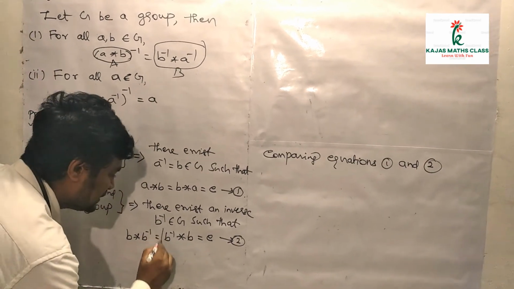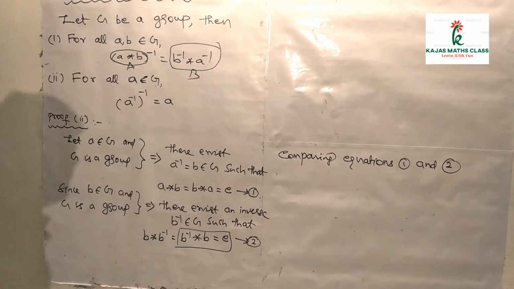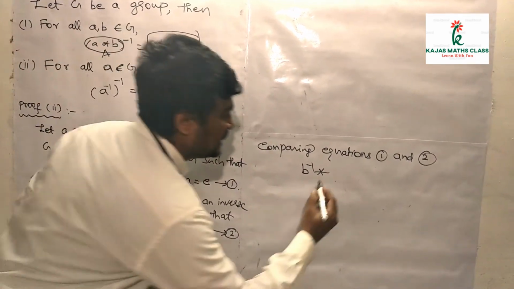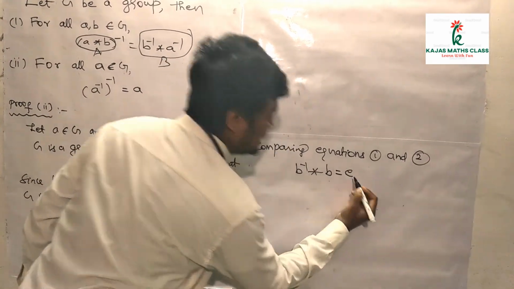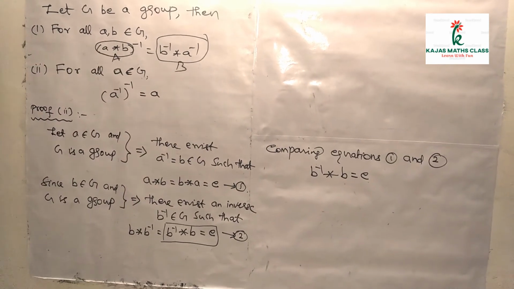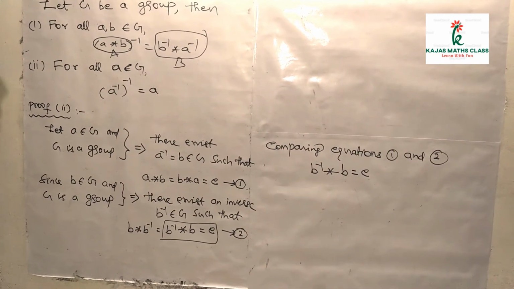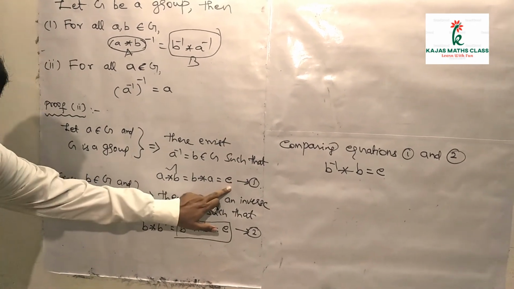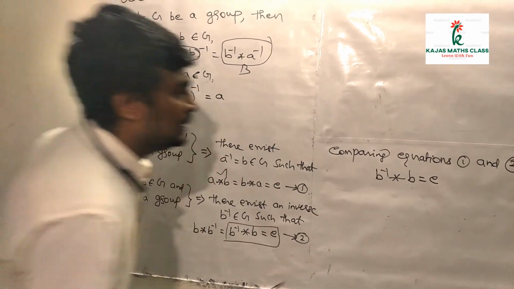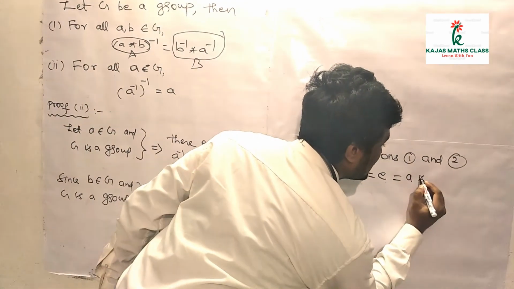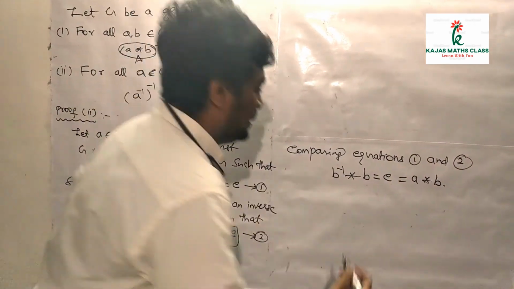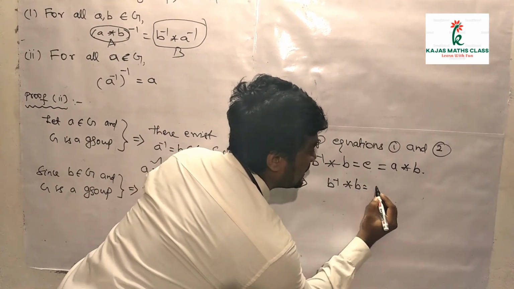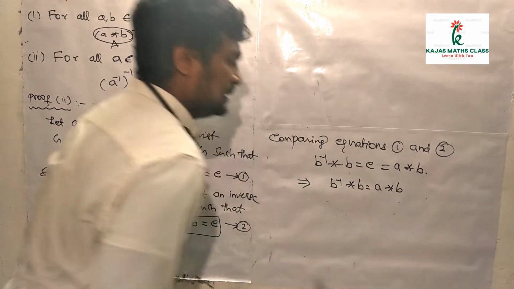Simple. Just consider this part: b inverse * b is equal to e. Correct? Now see this from equation 1: a * b is equal to e, right? So in the place of e, I can write a * b. Which implies b inverse * b is a * b.